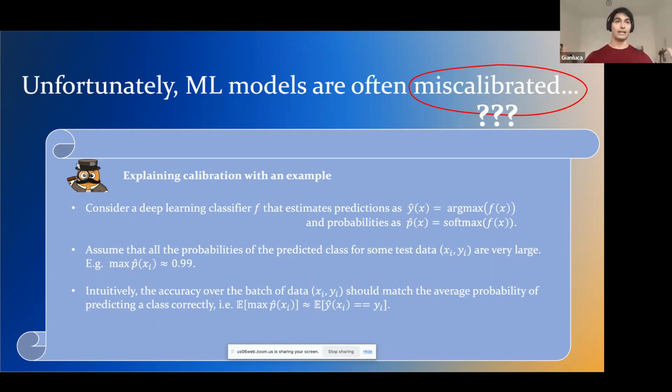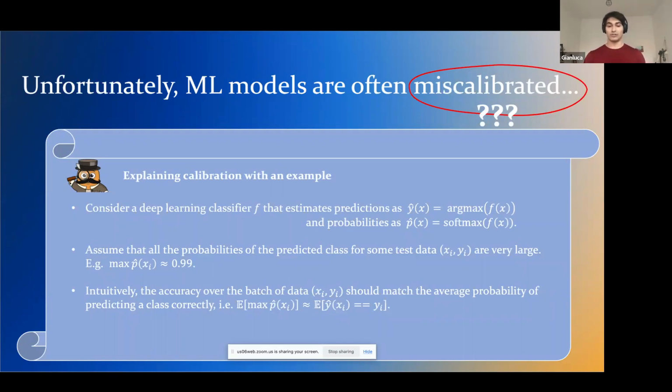So if I have n data points and I classify correctly m data points, then the ratio between m and n, so the actual accuracy, should match the maximum probability that you have estimated, so the probability of the predicted class.